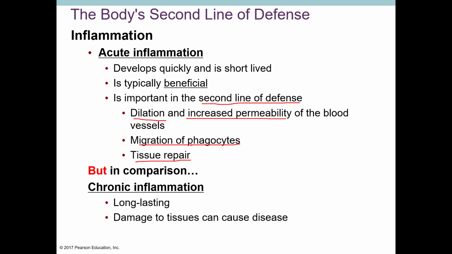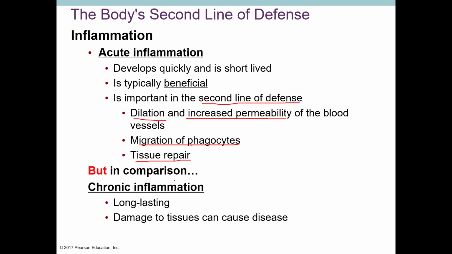My little cut was able to scab over. The phagocytes are making sure that if there's any little bacteria in there, they get eaten up. And so this is all good. And now today it looks much better. So, short-lived.